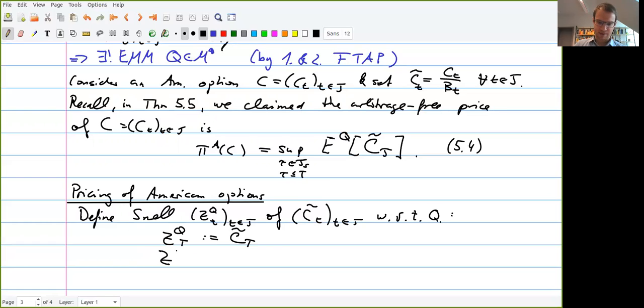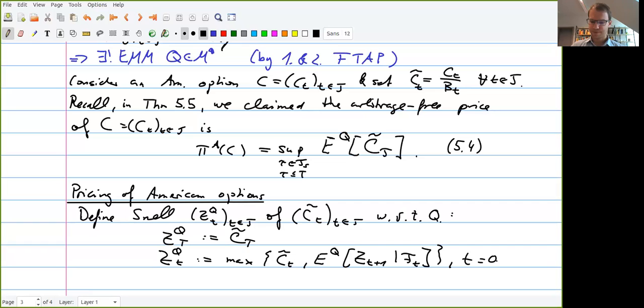And at time t, we do our definition by a backward recursion. So at time t, it's the maximum of Z tilde at time t and the conditional expectation under Q, and here you see why I want to call it with respect to Q, of the envelope at time t plus 1 conditioned on F_t. Okay, cool. So this is just spelling out the definition we made earlier today in our current setting.